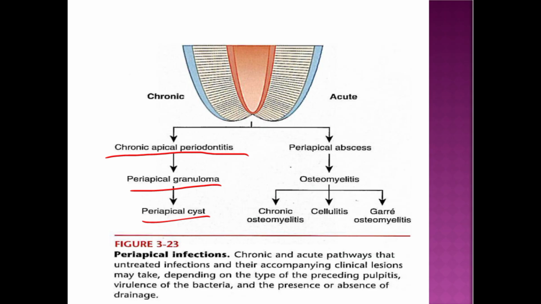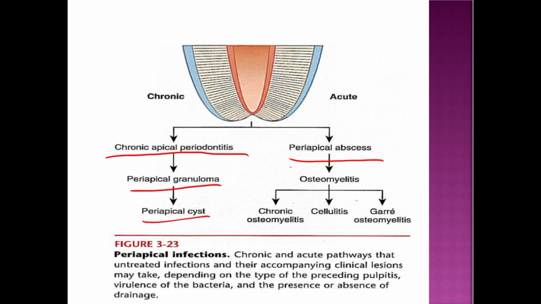But in acute periapical periodontitis there will be an abscess. At the level of granuloma there will be a periapical abscess. And then we have osteomyelitis, cellulitis, and chronic osteomyelitis.